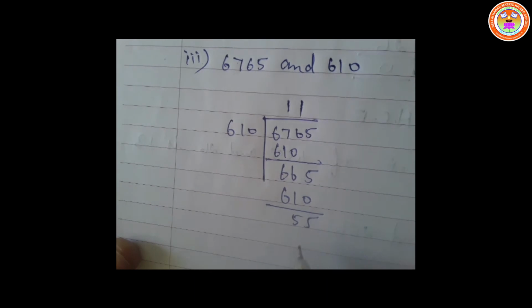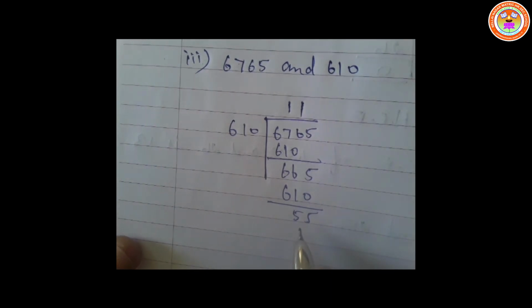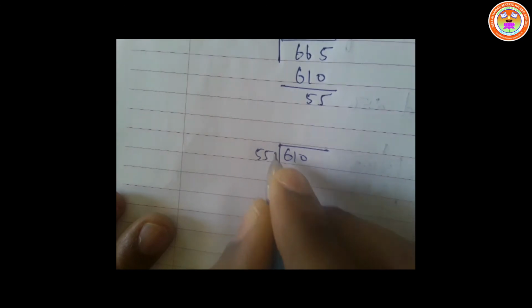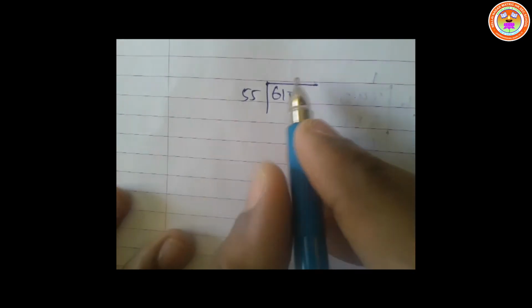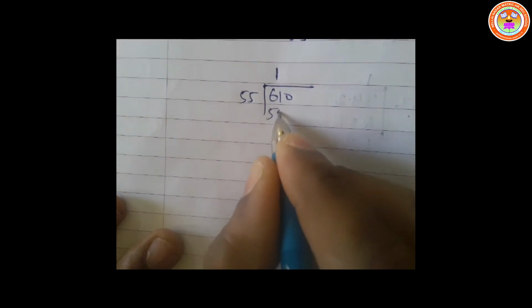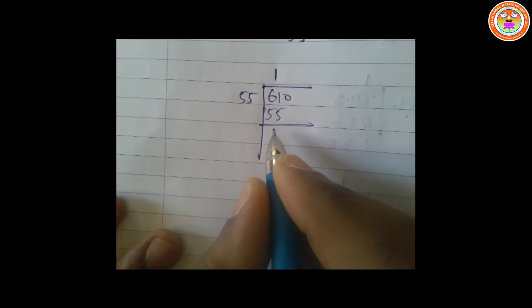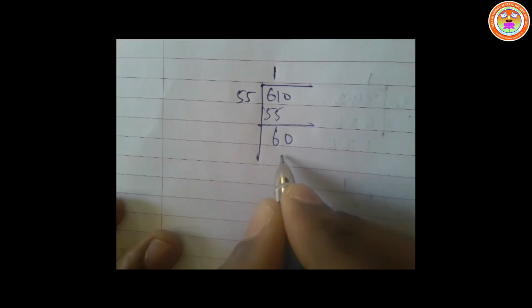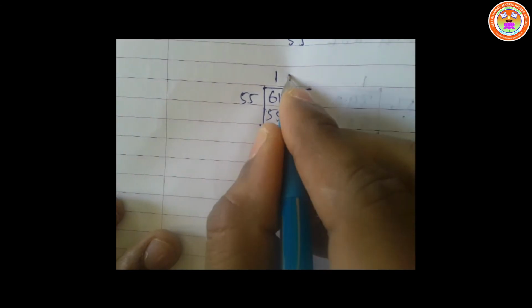So you have to divide it again. Put 610 inside and the 55 outside. Now start dividing. You will get 1 times 55 is 55. The remainder is 6. Bring down the next number 0. Again you put 1, 1 times 55 is 55.